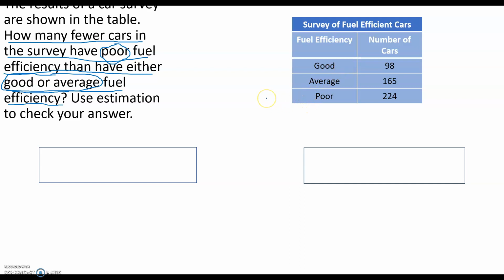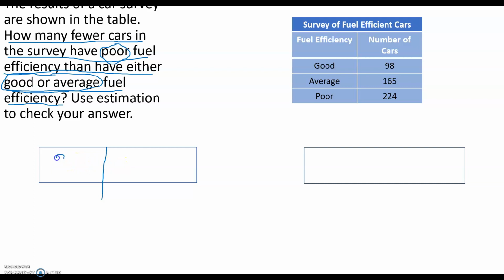So, step one, I can't do my subtraction and figure out the answer until I've figured out how many good and average cars there are altogether. So, I know that if I make a bar diagram, the top is going to be our total, and then these two will be parts of a whole. So our parts of a whole are our good and average cars.